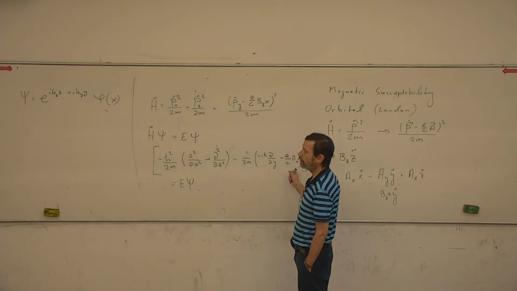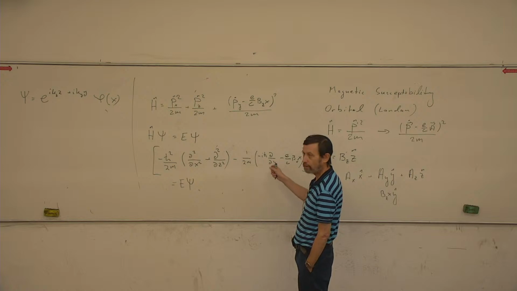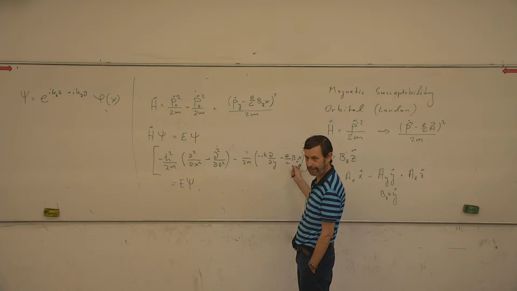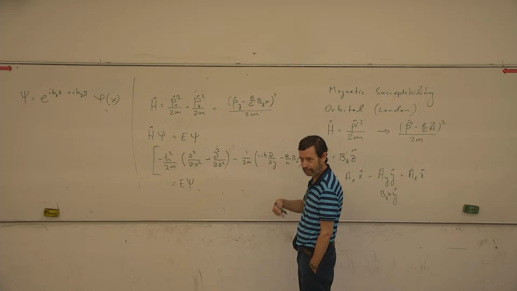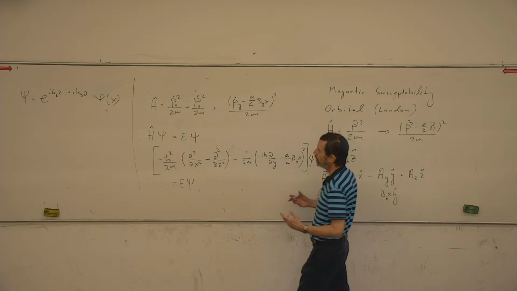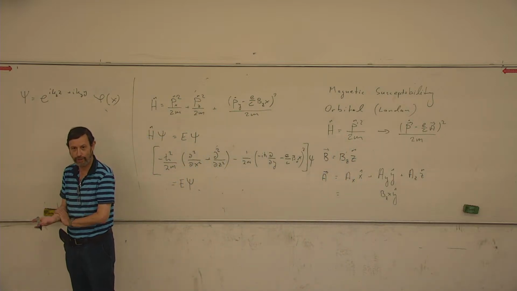Because look, the complication actually occurs not in y, it occurs in x, the fact that we have here a potential which depends on x. For y we have here something, but let's see how it acts. So if I guess the solution, I just put it in and see what my new equation is.